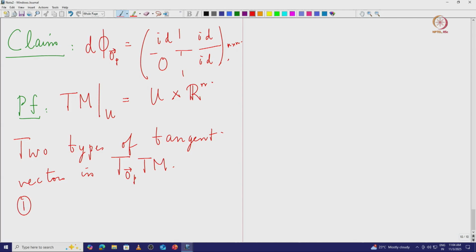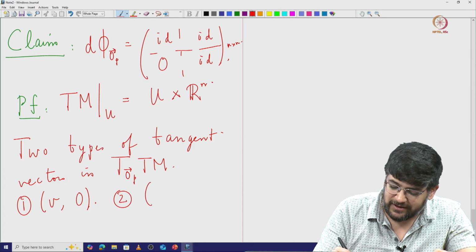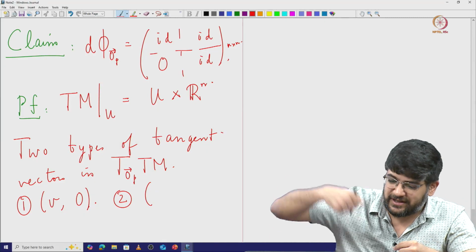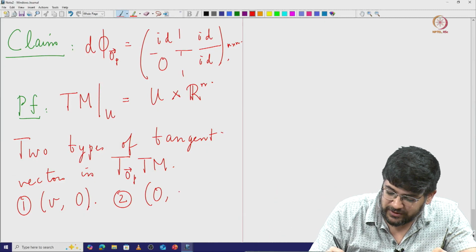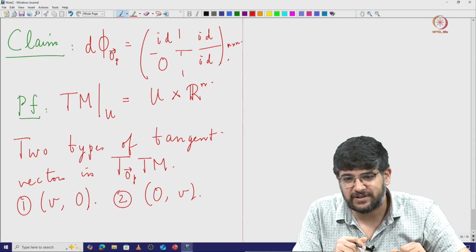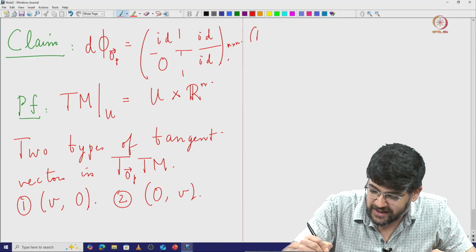The first kind is a tangent vector in the u direction, which I will denote by (v, 0), or you can take a tangent vector in the R^n direction. So that will be a tangent vector of this form, right. I want to compute the image of the derivative map for both these kinds of tangent vectors.